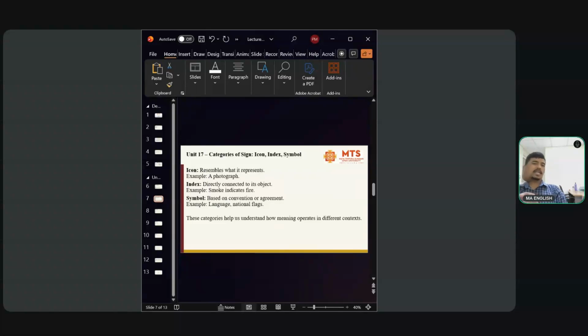Okay. So the second category is the index. An indexical sign has a direct, real-world connection to what it represents. It points to something or indicates something, the way smoke indicates fire. Smoke does not look like fire, but where there is smoke, we know there is fire.